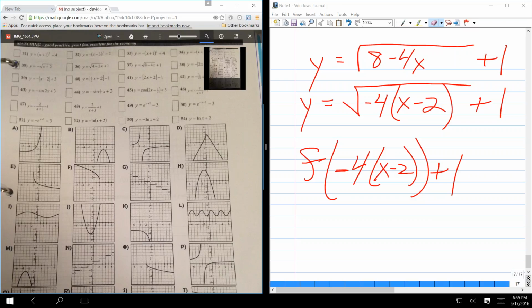Well, the only one that y is 3 is 36. When I plug 0 in for x, that ends up being 3. So that has to be t. That's a reflection over the y-axis also. Now, 37 must be on there also. We just haven't seen it.